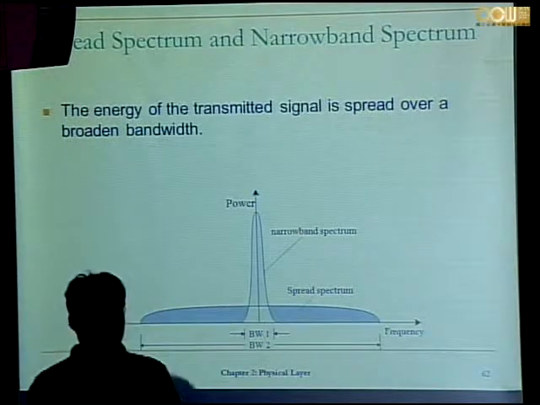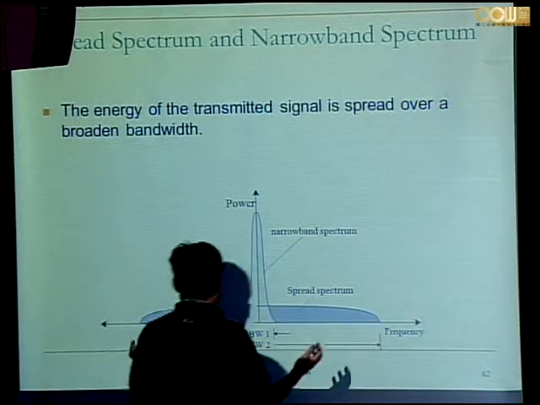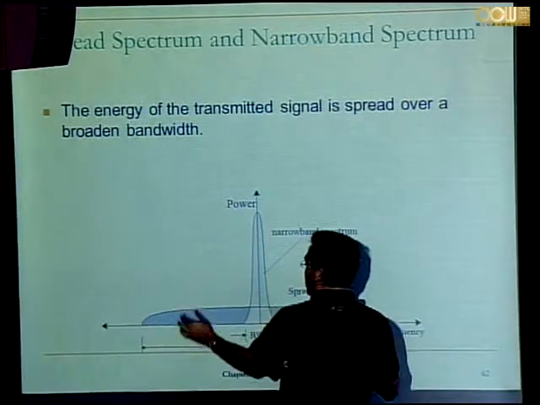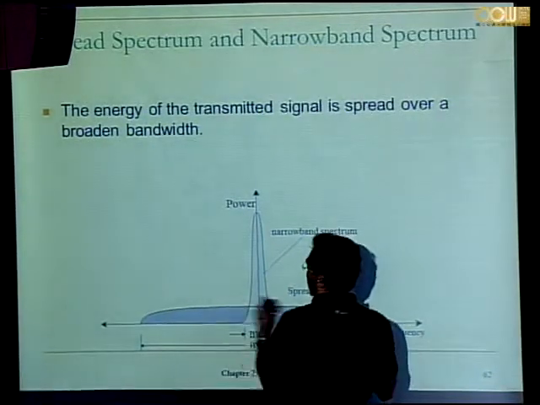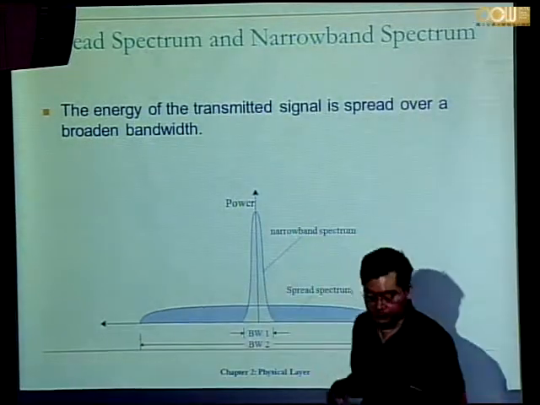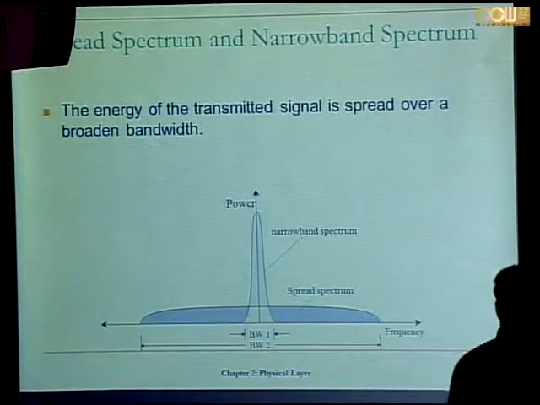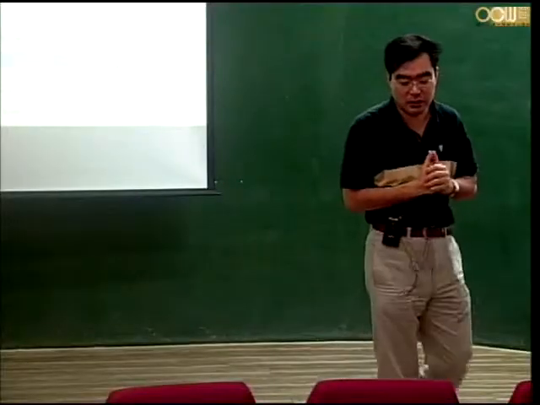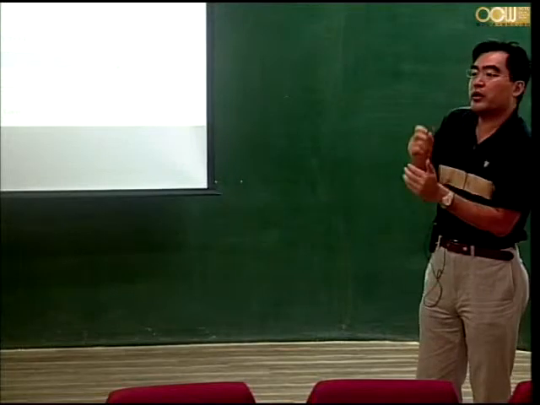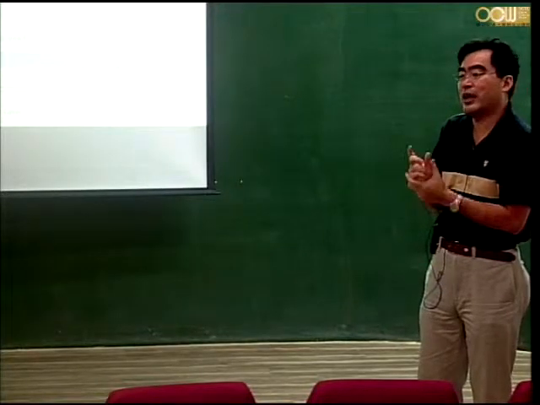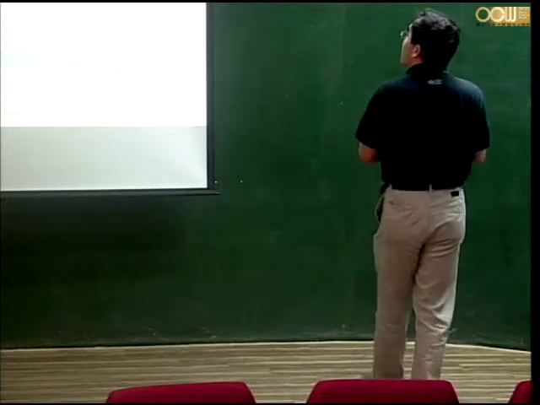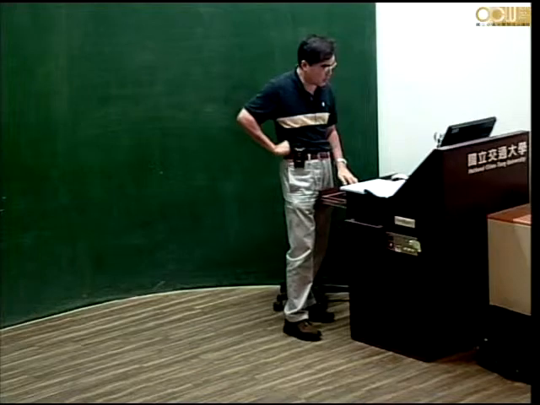So even if this is damaged, the receiver might still recover the signal, given that only a small spectrum area is damaged. That's the advantage of spreading the signal into a wider spectrum.